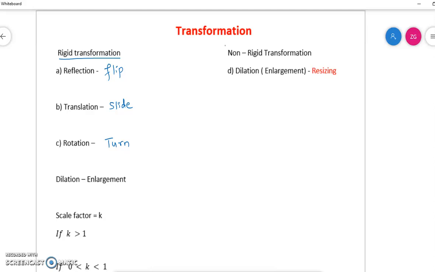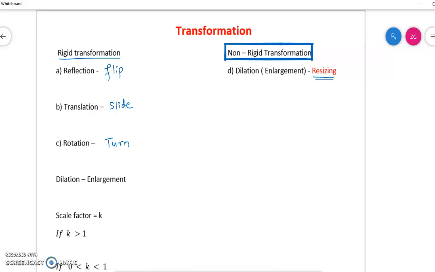Today's session will be focusing on non-rigid transformation, that is dilation, or we call it enlargement, where the size changes. Either the size is increasing or decreasing, so we can say it is resizing.